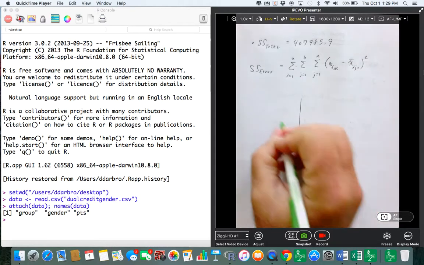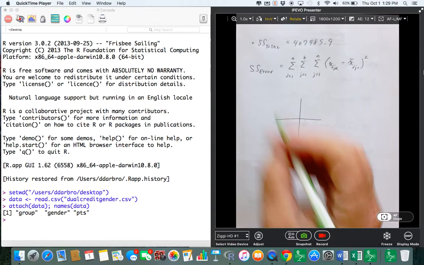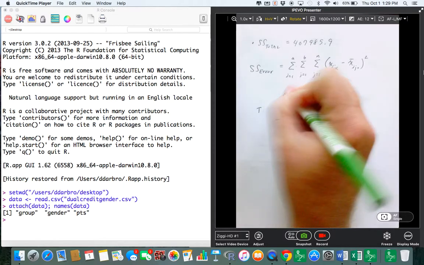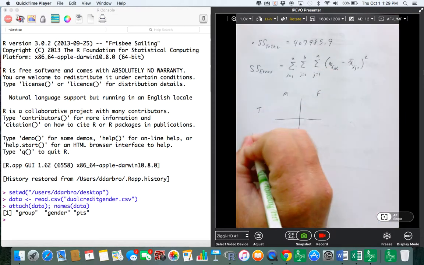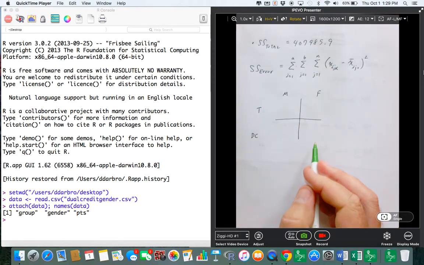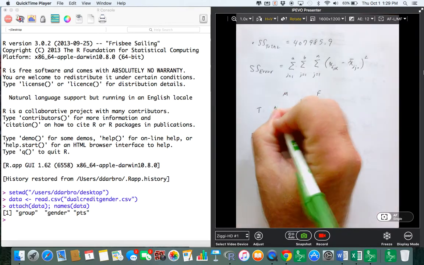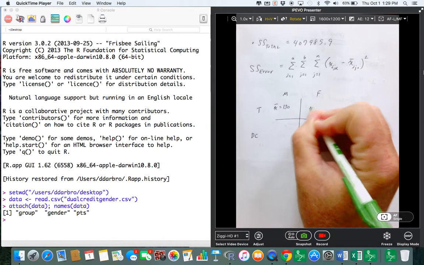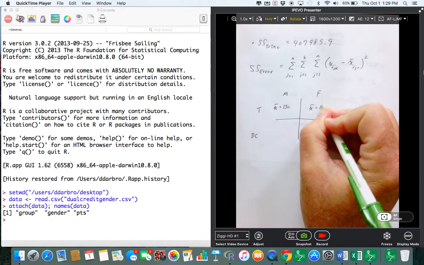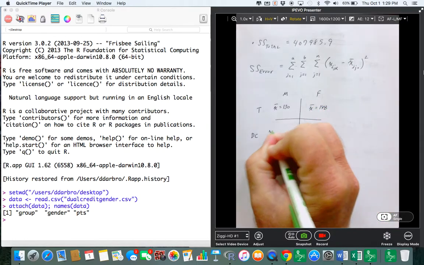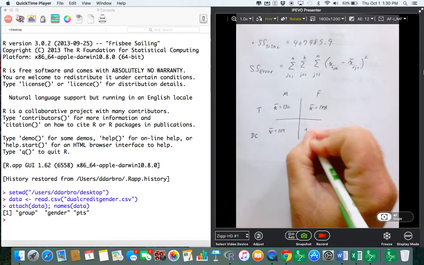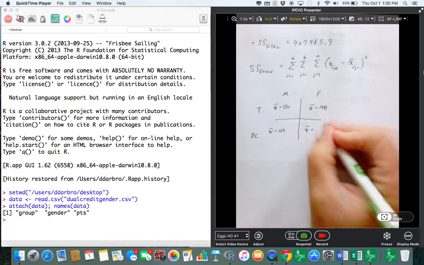So guys, in our situation here, we have traditional instruction across male and female, and we have dual credit instruction across male and female. And we saw the mean in each of these cells, 104 and 116.